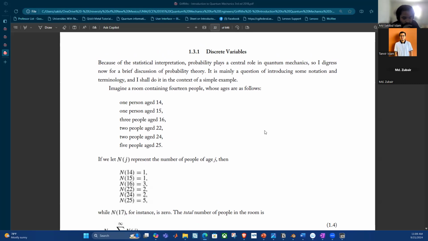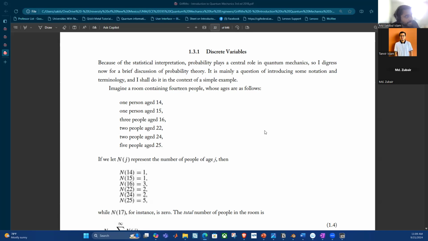Discrete variables are not continuous, like, let's say, 1.2222 or 1.2345677. This kind of number is very continuous actually. But discrete variables are very discrete. There is some interval or difference between discrete values. In Griffith's book, they showed an example.